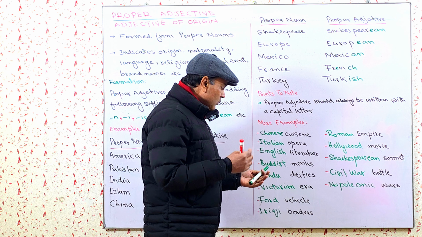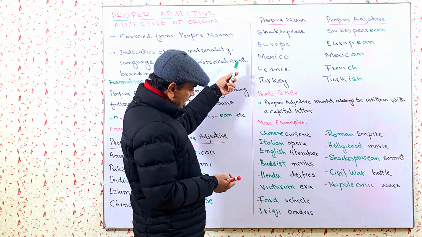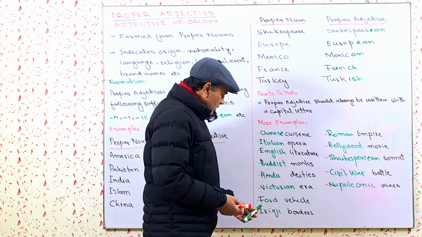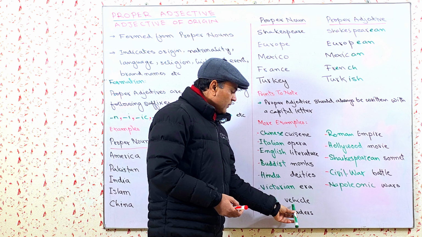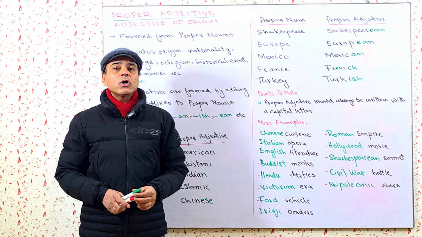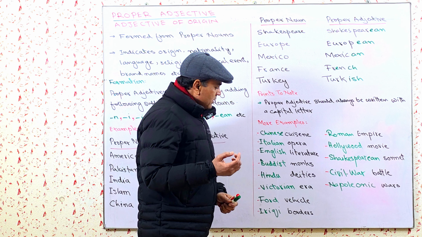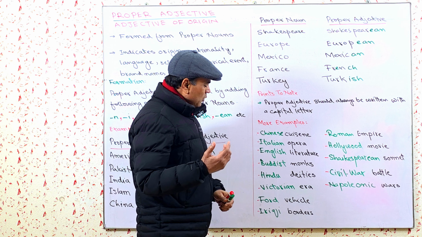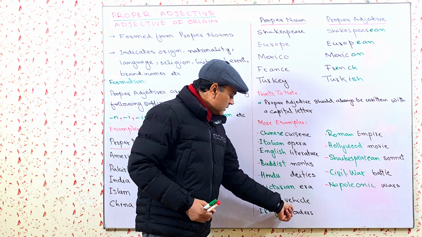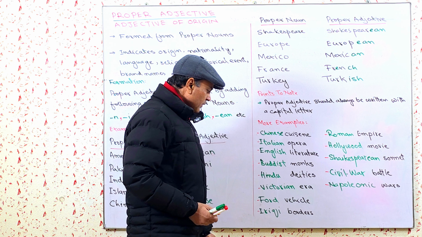Here we are talking about a particular historical time or event. Then there is Ford vehicle. Here Ford tells us the brand of the vehicle, not its origin or anything else, but here we are talking about the vehicle that is made by Ford.